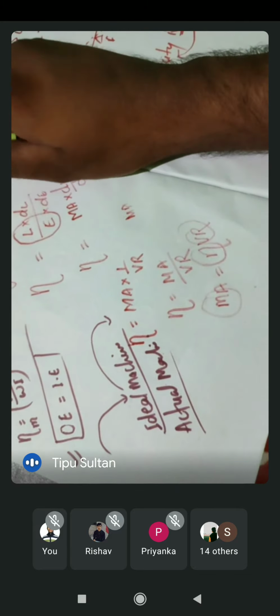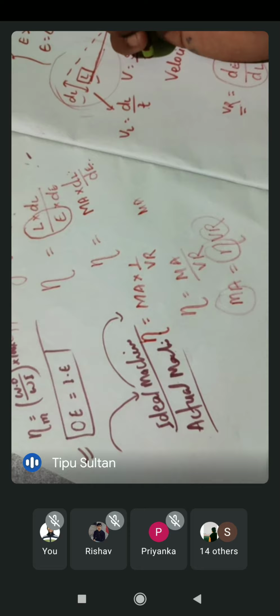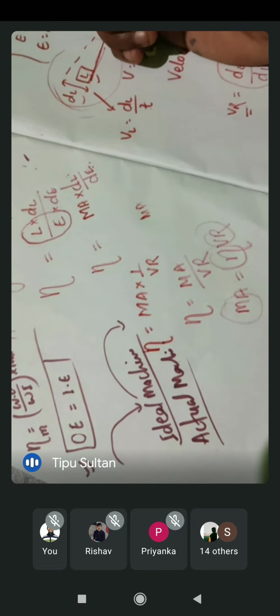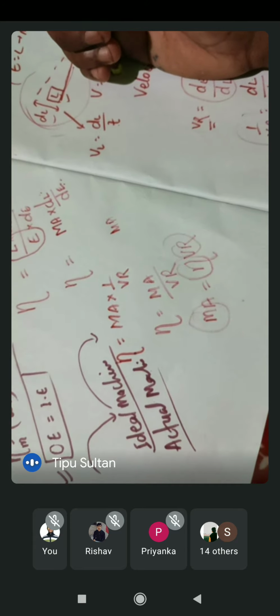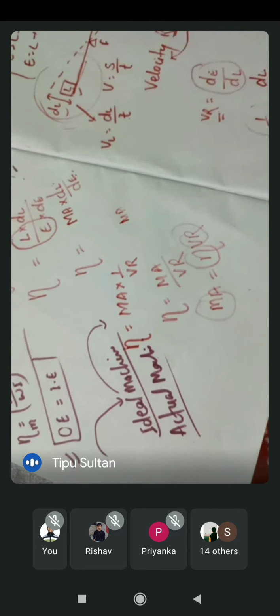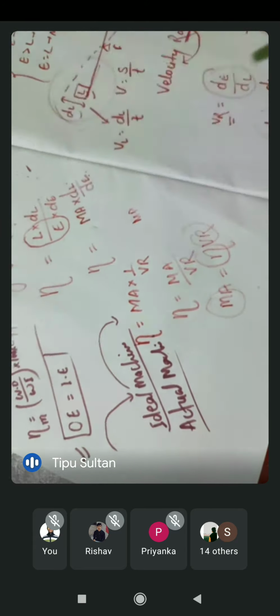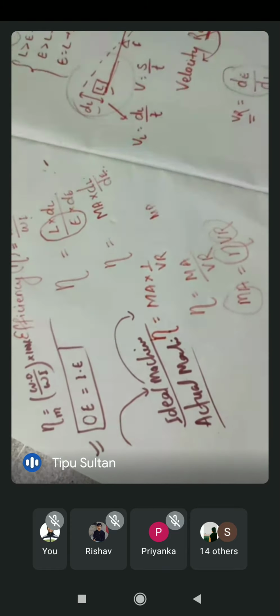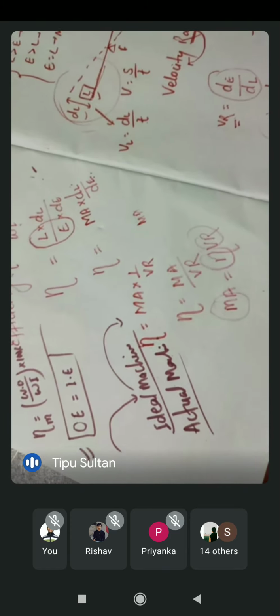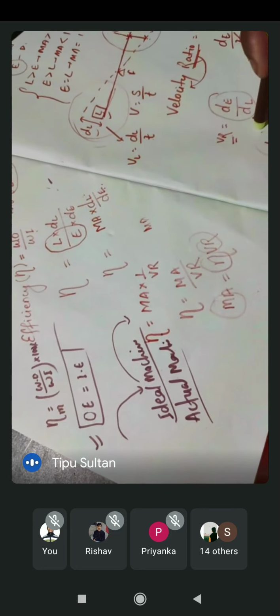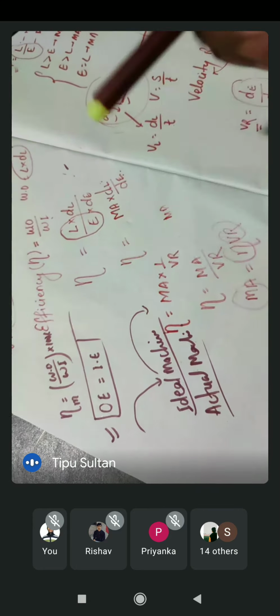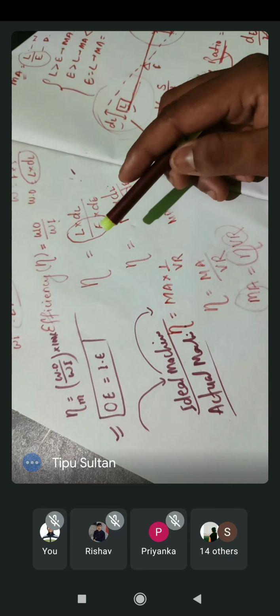There are lots of parts in a machine, heavy in weight, and the parts are not perfectly smooth, so friction also works there. Due to the weight of the machine's parts, some amount of energy is wasted. Due to friction, some energy is wasted in the form of heat energy.